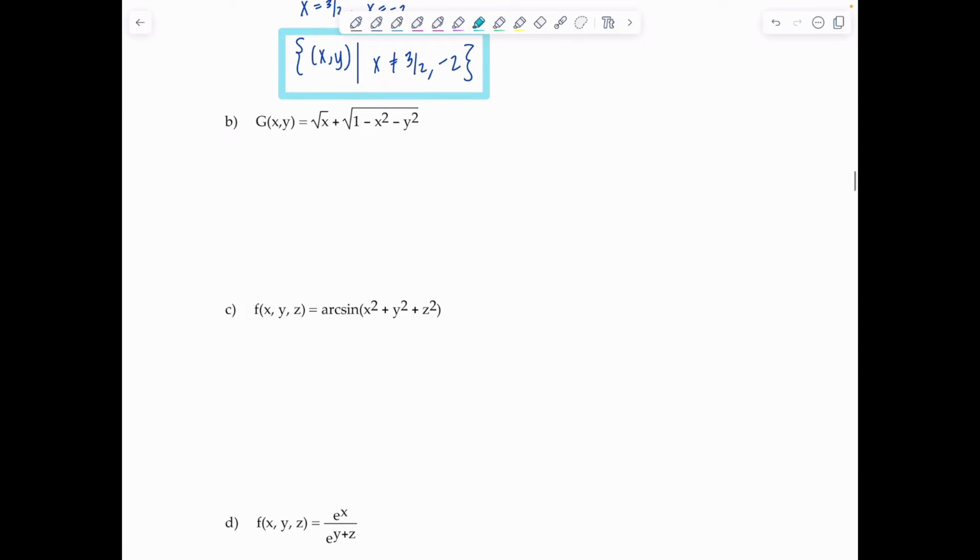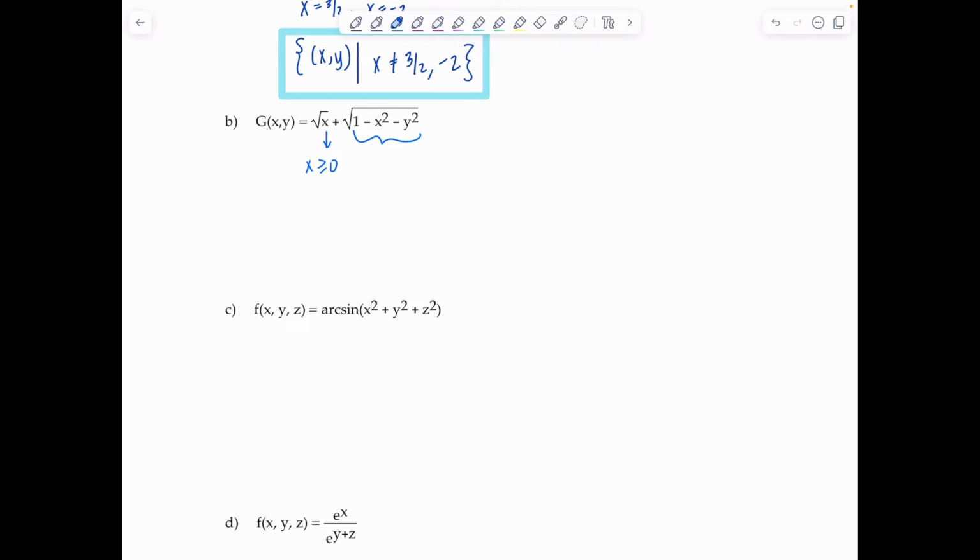g of x, y equals root x plus root of 1 minus x squared minus y squared. So what do I know about radical functions? Well, the radicand, the stuff underneath the radical sign, has to be greater than or equal to 0. So that means x has to be greater than or equal to 0.